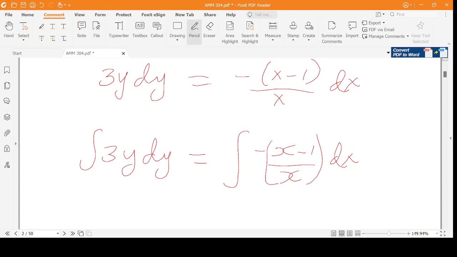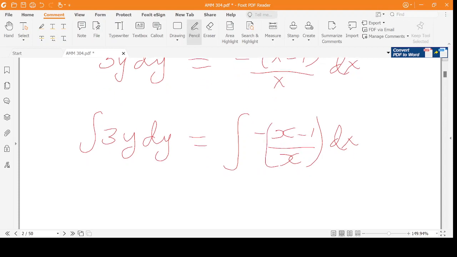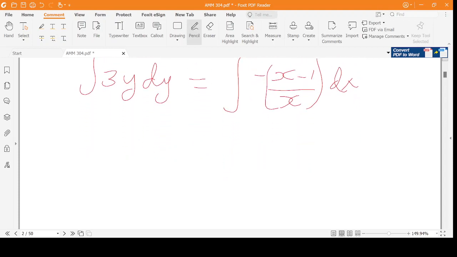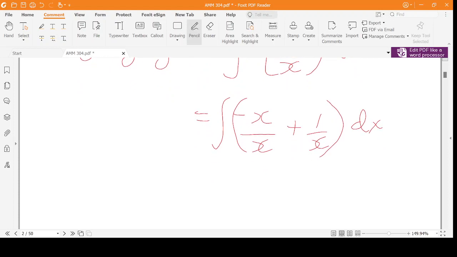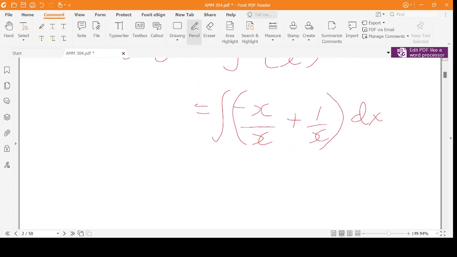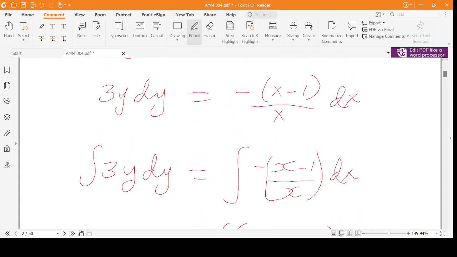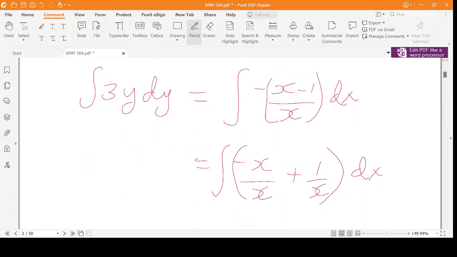Notice that the right hand side I can write as minus x all over x plus 1 all over x when I divide by x through. I want to write the right hand side also, so that we don't lose track.